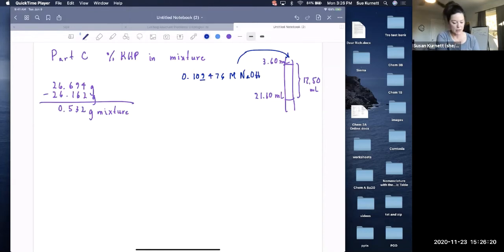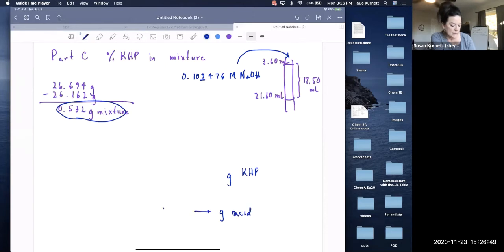Good. Okay, so now you're going to titrate, and your goal is to figure out how many grams of KHP are in this sample that is 0.522 grams of a mixture. So to get to grams of acid, we need moles of acid. I'm going to work backwards here. Acid, KHP.